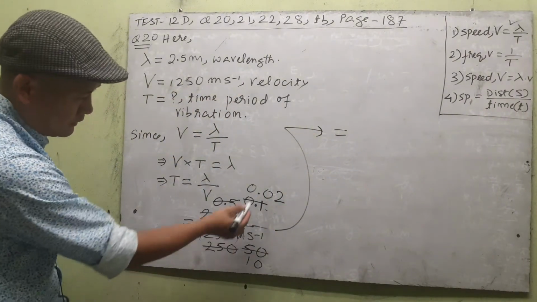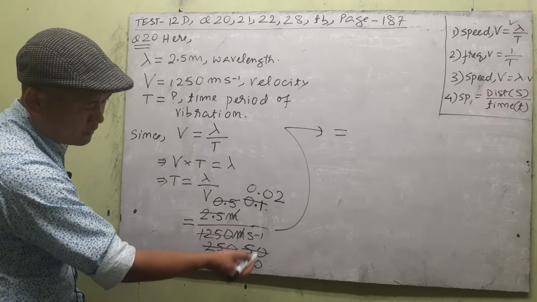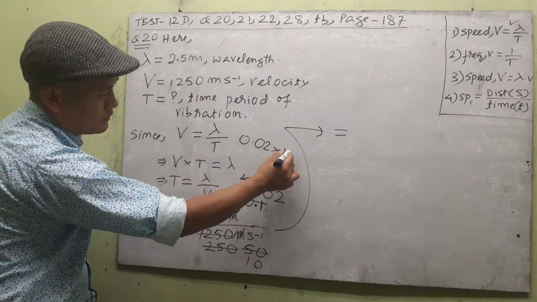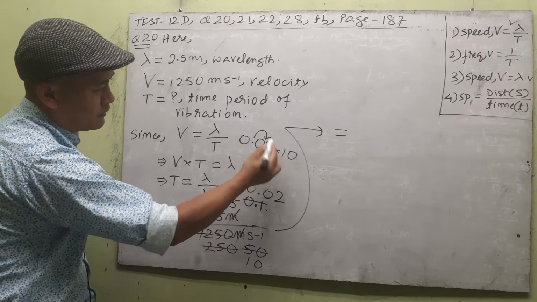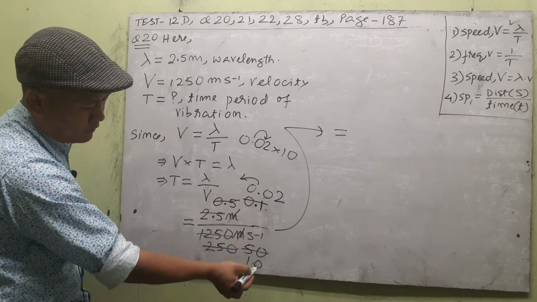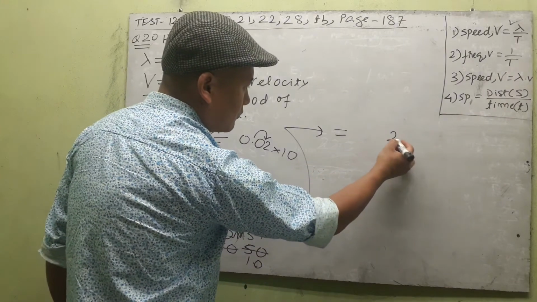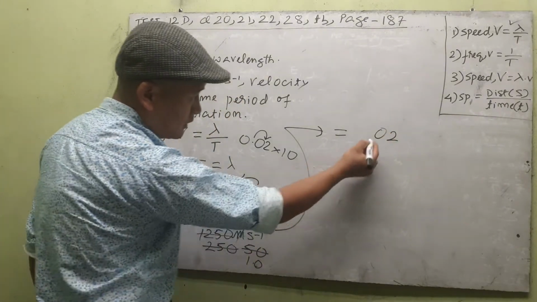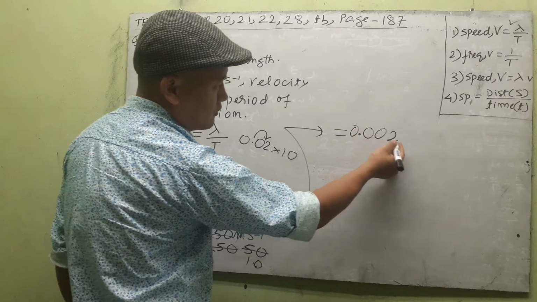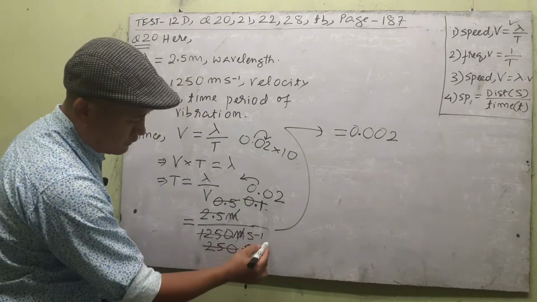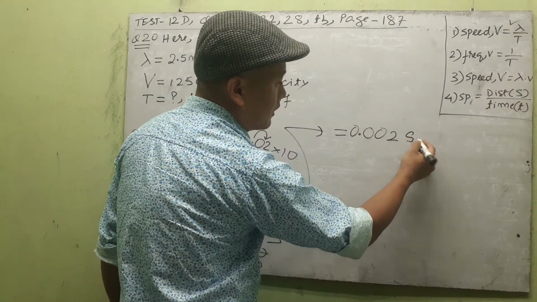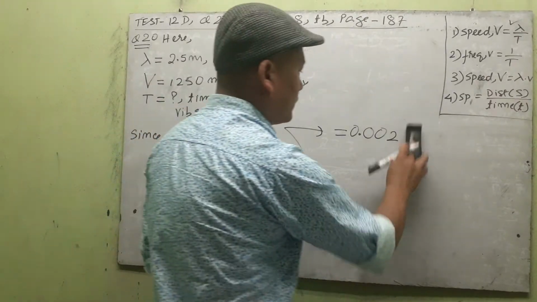Now when you divide decimal numbers like this by 10, the decimal moves left. When you multiply decimal numbers by 10, the decimal moves right, but we're dividing here by 10. We'll move one place left because of the 10. So the decimal was here, but it will jump one more place to the left and come here. So it is 0.002. And then here, second to the power minus 1, if we shift to the numerator, will become second to the power plus 1, which we may not write.